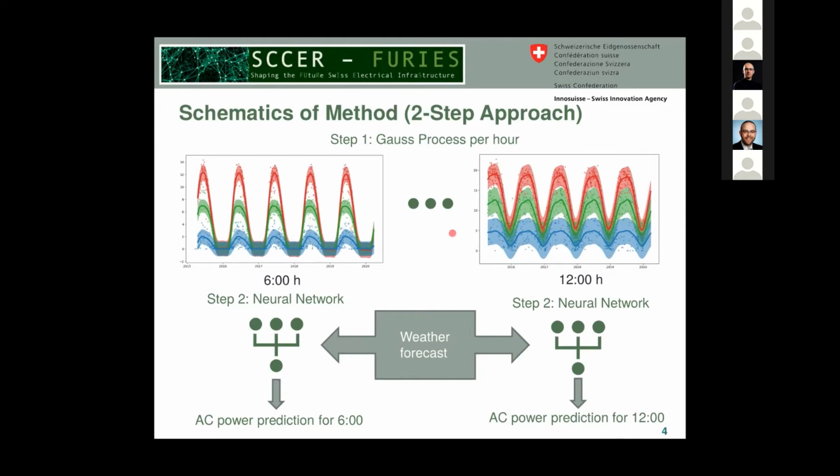We do that for every hour of the day, let's say for 6 o'clock and for 12 o'clock. Then the contribution of that goes into the neural network, combined with the weather forecast, which then gives us a prediction for 6 o'clock, 7 o'clock, 8 o'clock, and so on. So we calculate predictions for a whole day.